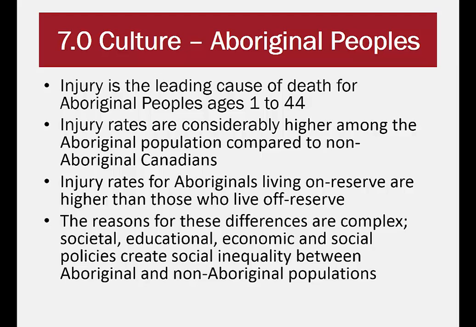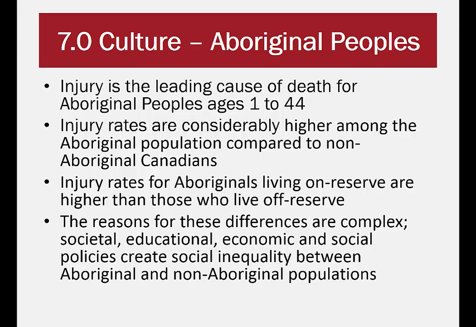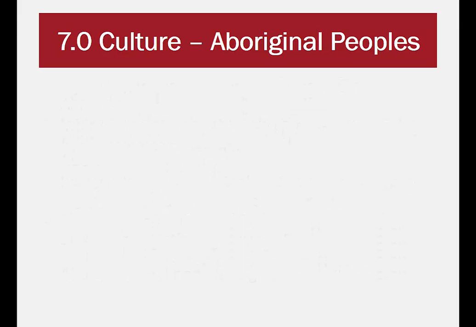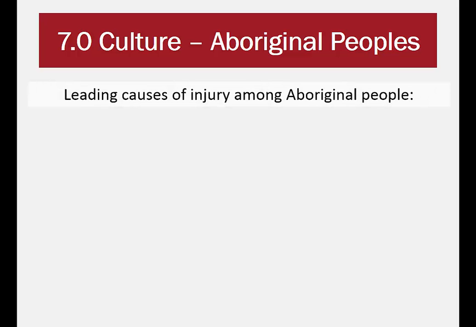Colonization, which affected language, culture, land rights, and self-determination, results in poverty, substandard housing, and overcrowding, inadequate water and sewer facilities, and barriers to education, all of which are recognized risk factors for injury. This pie chart depicts the leading causes of injury among Aboriginal people.